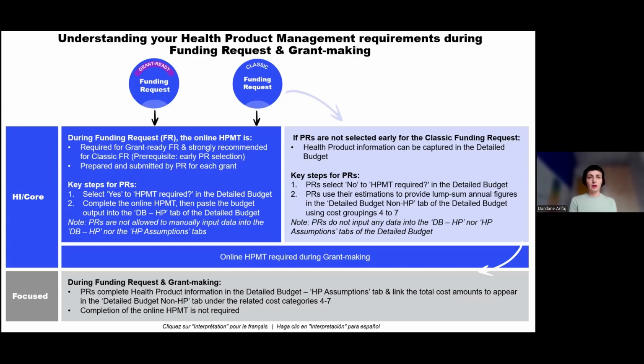Because as you know, the HPMT and the detailed budget are always aligned at the grant submission and at the grant making stage.